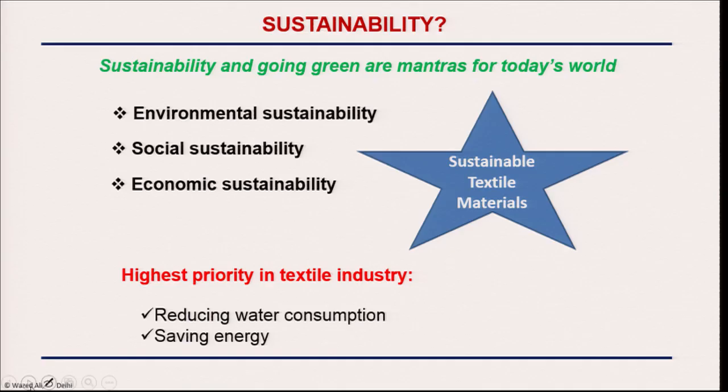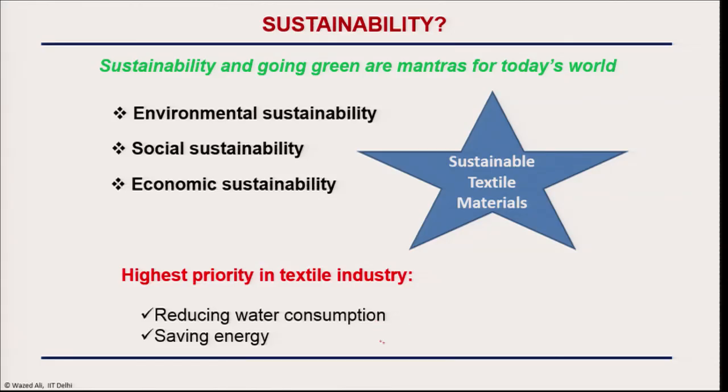They have a huge challenge in front of them: how this negative effect can be minimized, so that we can have those functional properties and at the same time minimize the environmental impact. And a huge amount of R&D, time and energy is being spent, especially in the textile industry, on reducing water consumption. That is one of the areas people are tremendously working on, with different kinds of research, and on how to save energy.